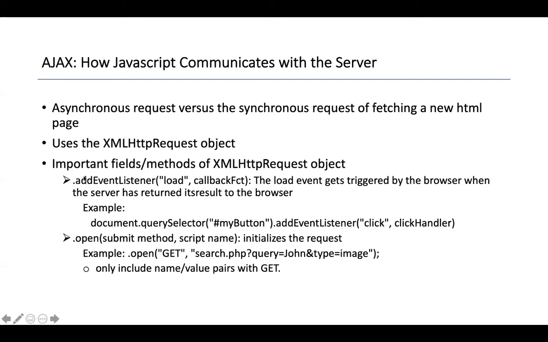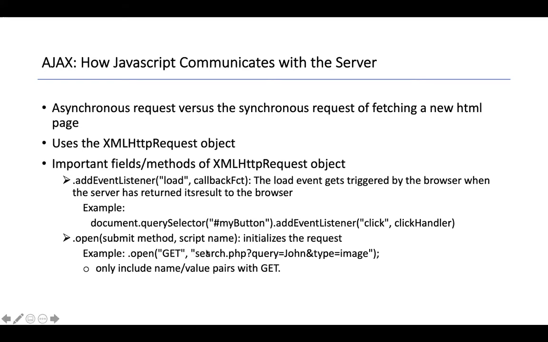Okay, so after you have added the callback procedure, another thing you need to do is initialize the request. And that's the open method. It takes the type of submit method, GET or POST are the two I'm familiar with, but I think you can also use a PUT method and a DELETE as well.